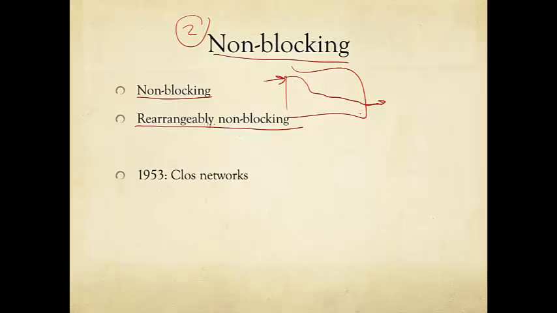And rearrangeably non-blocking is a weaker condition that says, well, you may not be able to do that, but if I allow you to rearrange some of the existing connectivity patterns, for example, instead of going this way, you say, well, you should go this way. And this opens up a way for this input to go to this output. As long as you can rearrange the existing configuration and then be able to achieve non-blocking, then that's also good.